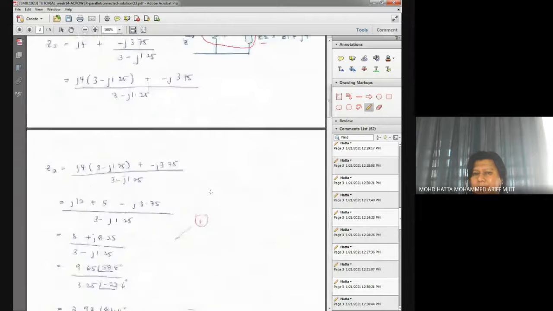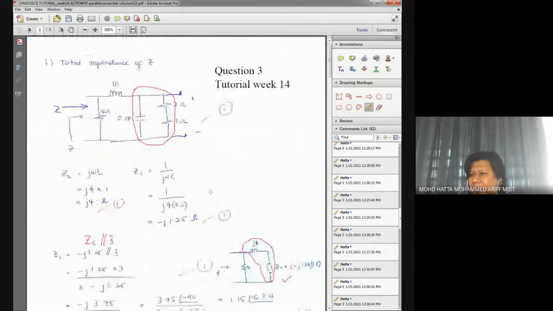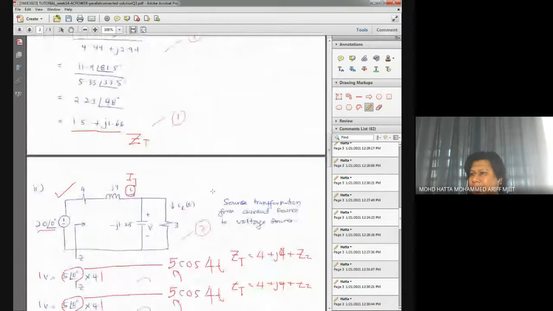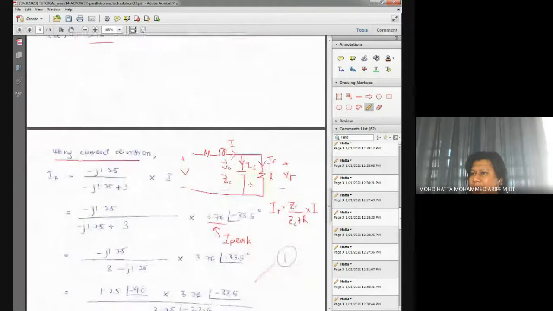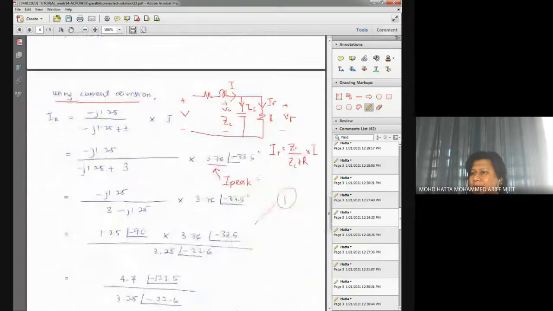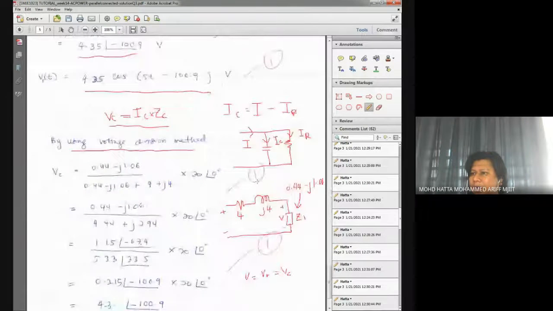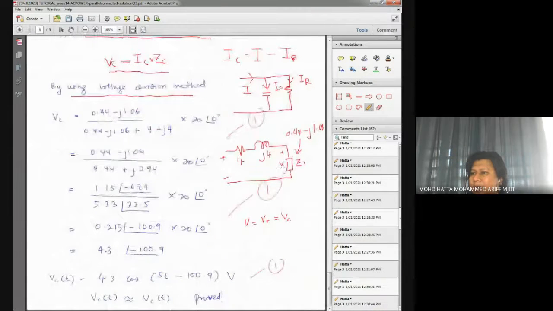VC and VR should be the same value. So we can say that if we find what is the value of voltage over here, it's the same value of VR and the same value of VC.